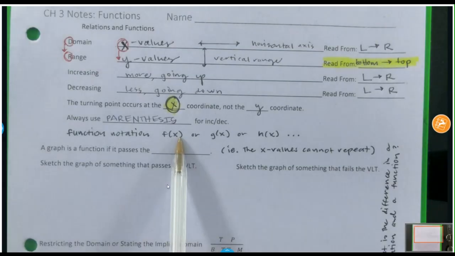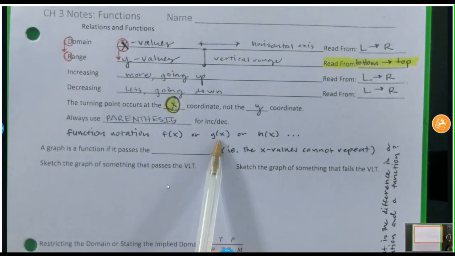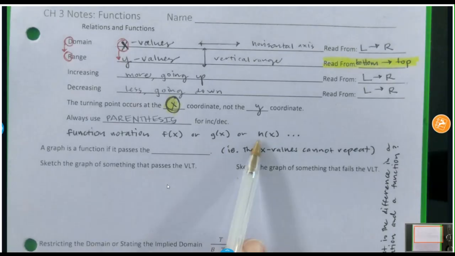You might say g of x. That's another way to say this is a function. H of x. You could have p of x. You can have k of x. But this is function notation. This is just the way to indicate, hey, y'all, this is a function, and this is the way I'm going to write it.